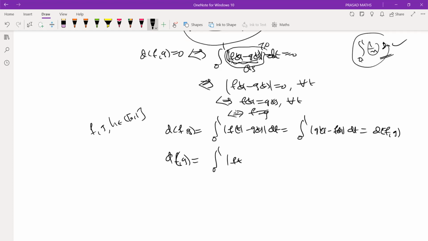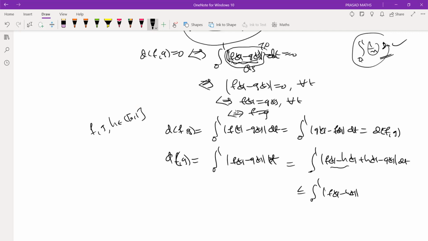The integral of mod of f of t minus g of t dt, right? So this is nothing but the integral from 0 to 1 of f of t minus g of t, adding and subtracting h of t. You know the triangle inequality using this modulus. So this is f of t minus h of t plus h of t minus g of t.